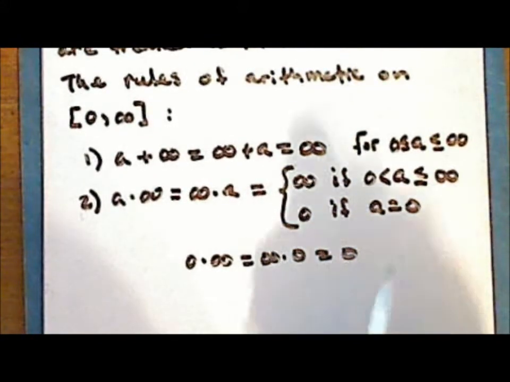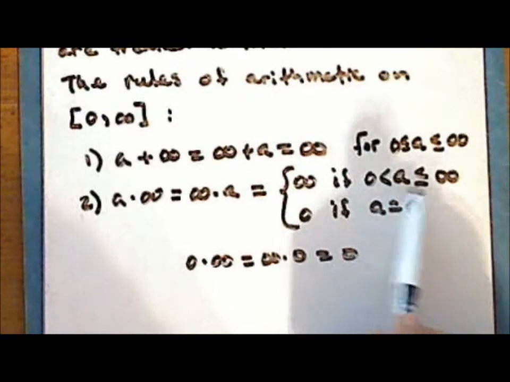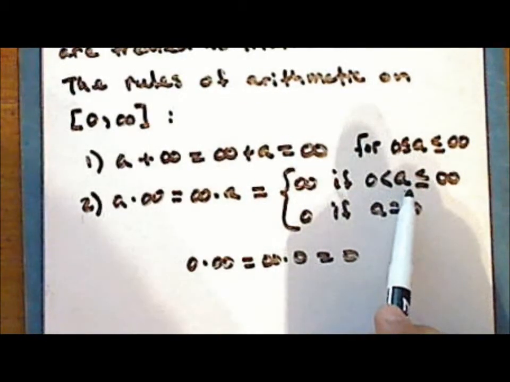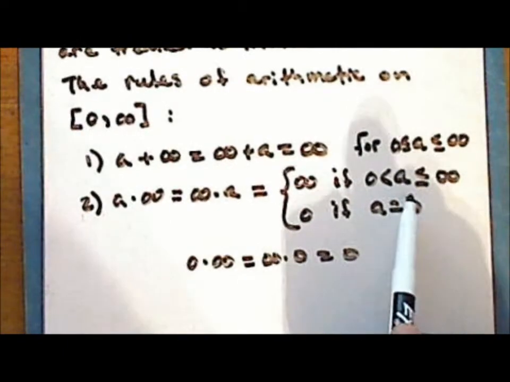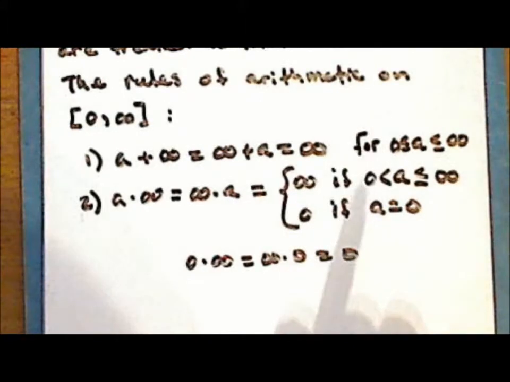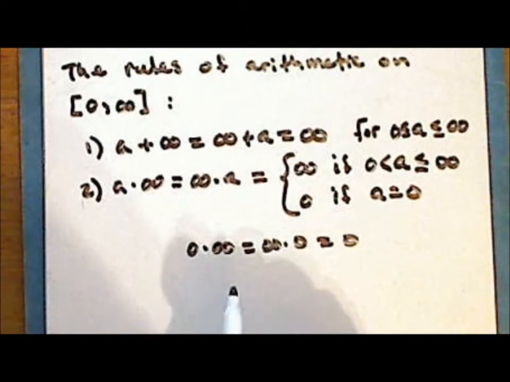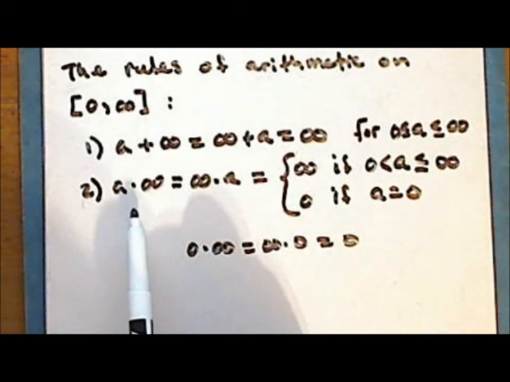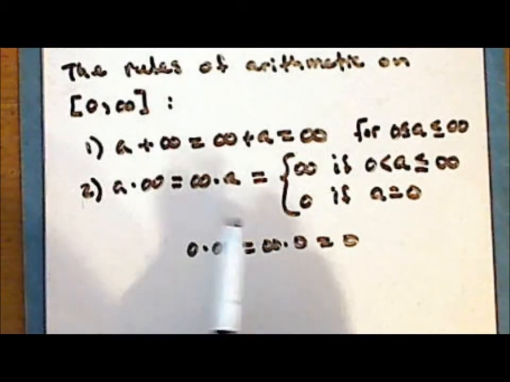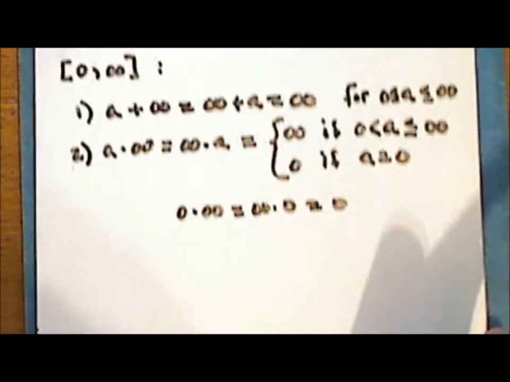And for any other number in the non-negative subset of the extended real number system, the product of infinity with that number is infinity. So, in other words, the only time that a number times infinity is 0 is if that number is 0 itself. All right?